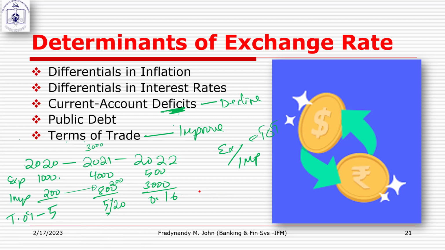What are we getting from these numbers? It means in the year 2022, your country earned less foreign currency, but it uses a lot of forex because you imported more.